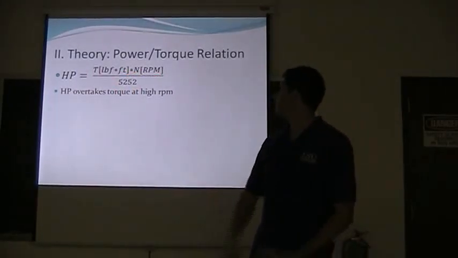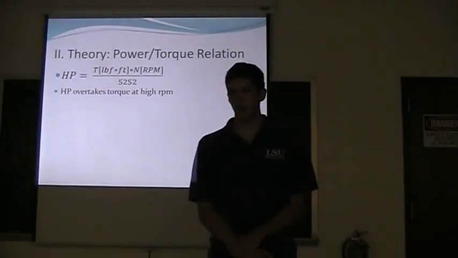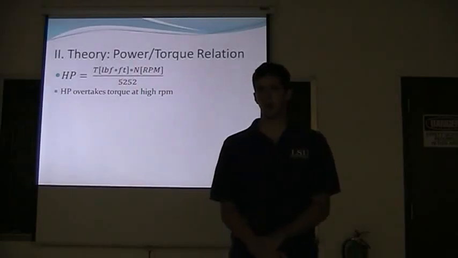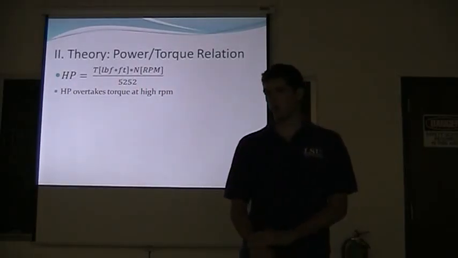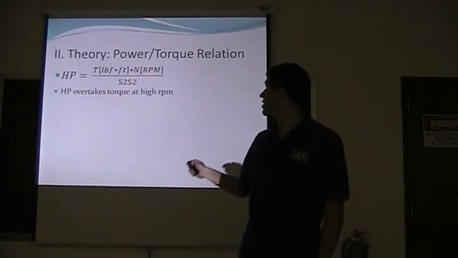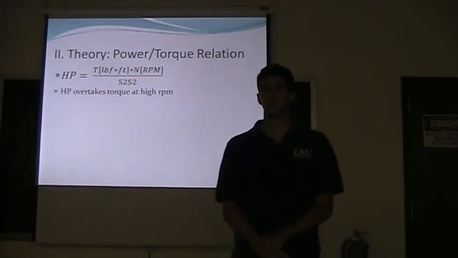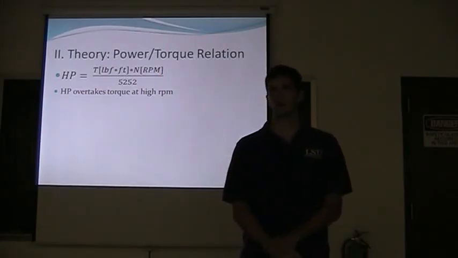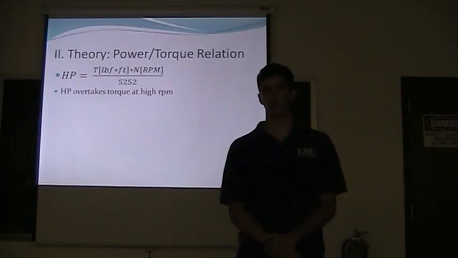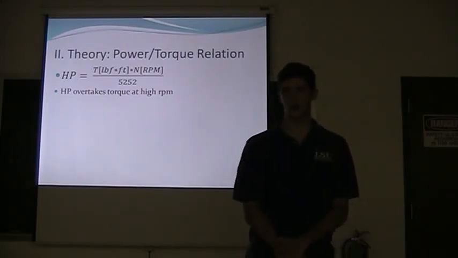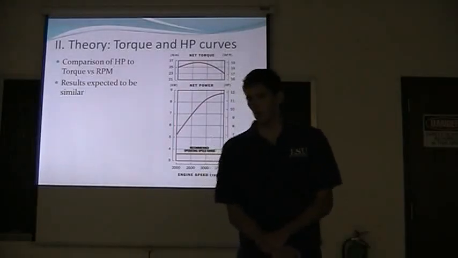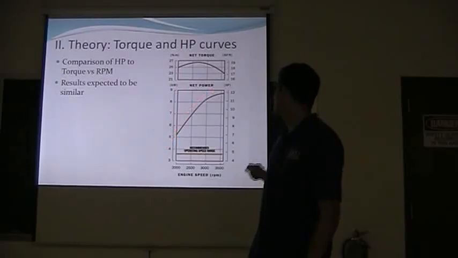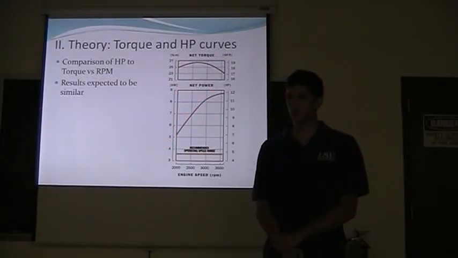And also from this equation, we can see exactly why horsepower overtakes torque as speed rises. Because once N reaches 5,252, or gets higher than that, the horsepower is equal to the torque times a number greater than 1. So once it's past that speed, it will always be greater than the torque. Here we can see a curve of an engine that's pretty similar to the one we're going to be testing.